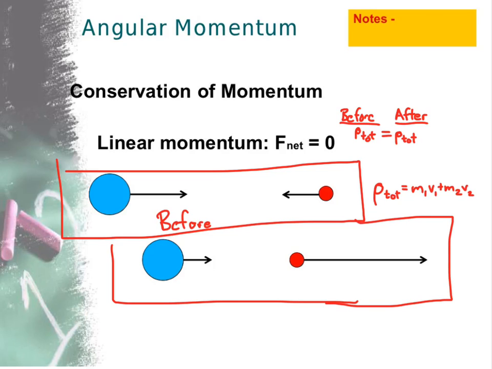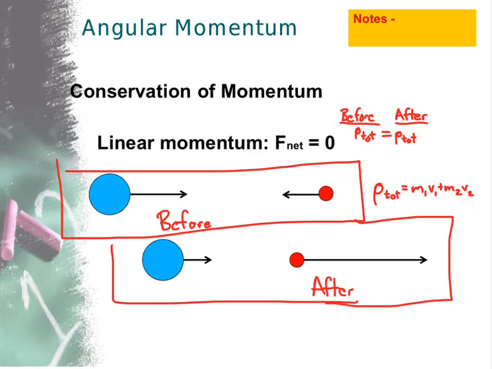So you can calculate a total momentum before the collision, a total momentum after the collision, and you will find that the total momentum will remain conserved, or the same, because we don't have any external forces acting on our system during our collision.